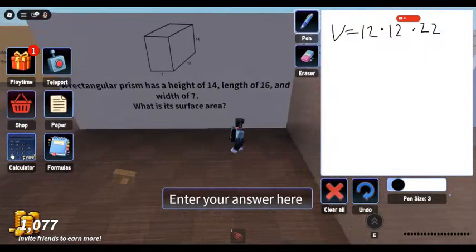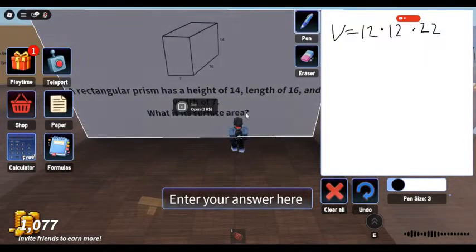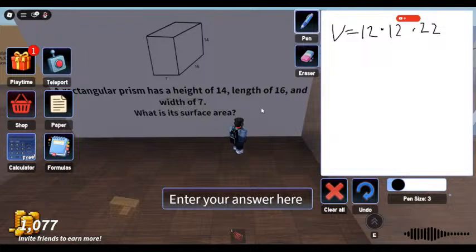So now this is a surface area. So you're gonna add the surface areas. You have to find this area, times 2, because you know there's another side also, this, which is times 2.